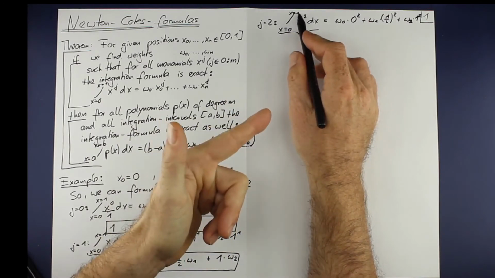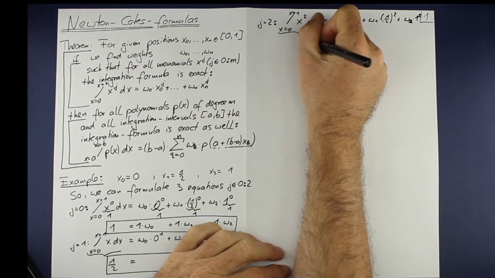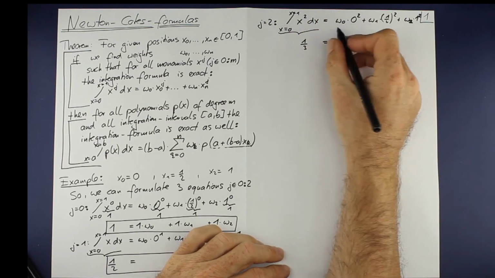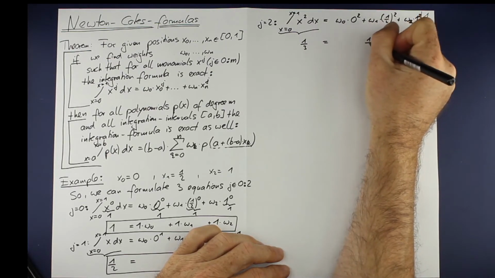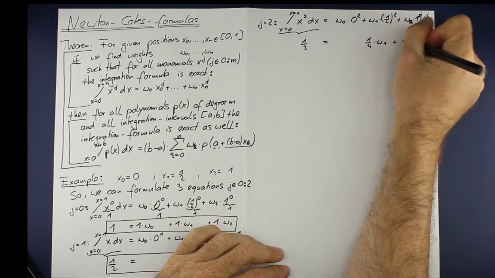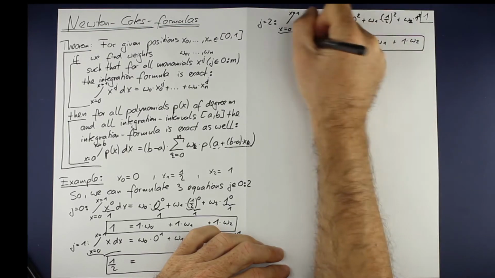At the position 1 it is 1 divided by 3 minus 0. So we have 1 divided by 3. And here we have 0 times omega 0 plus a quarter times omega 1 plus 1 times omega 2. And this is our third equation.